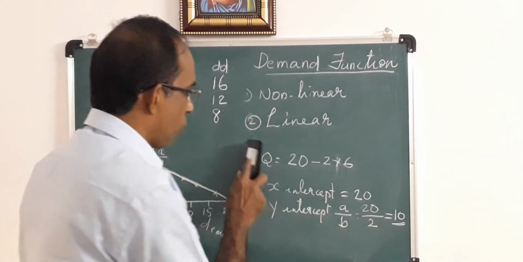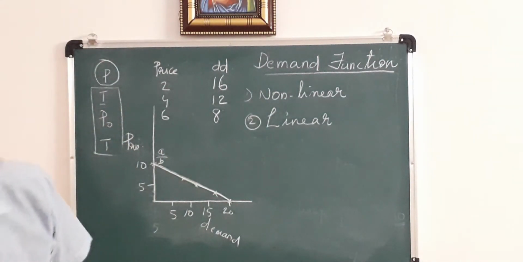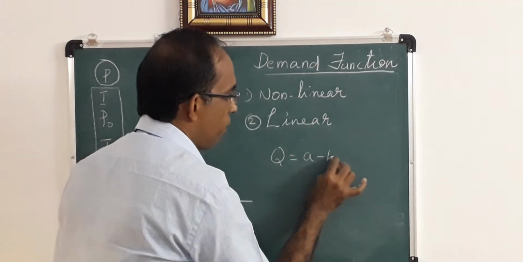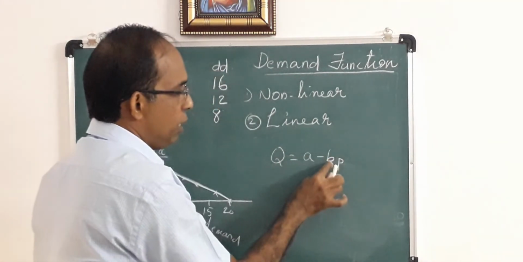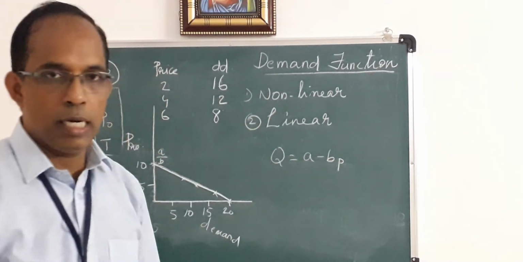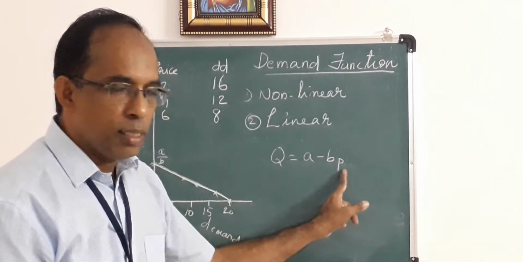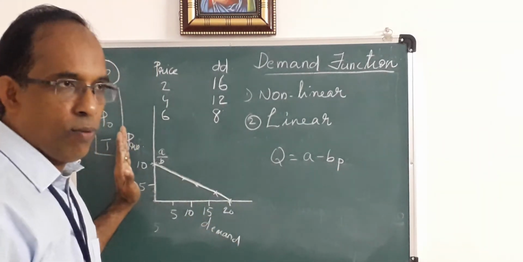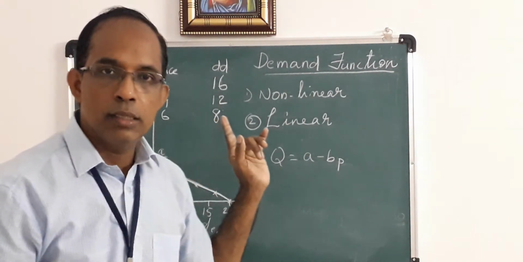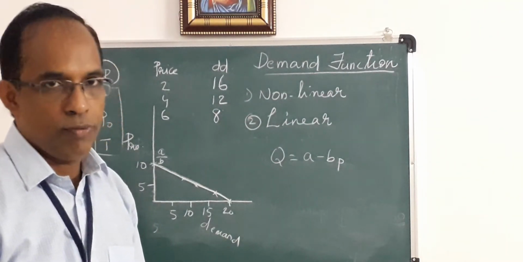The general equation for linear demand function is Q is equal to A minus BP, where A and B are parameters that determine the position and the slope of the demand curve, and Q is the dependent variable taken on the x-axis, P is the independent variable taken on the y-axis. Clear? This is called the linear demand function.